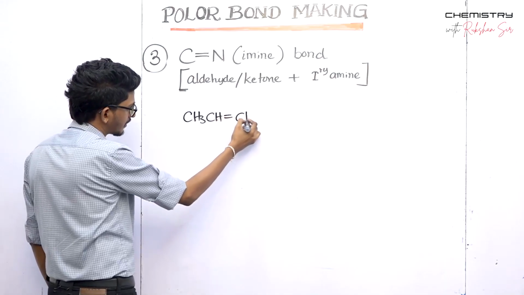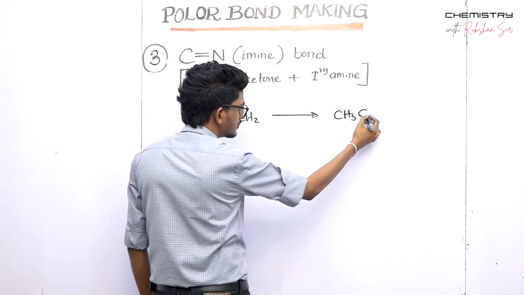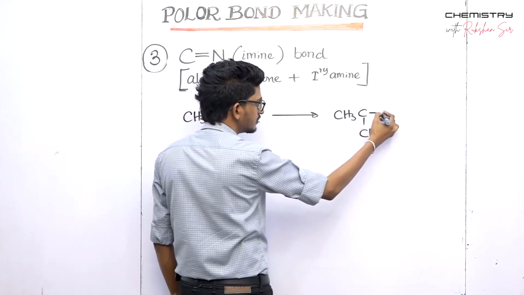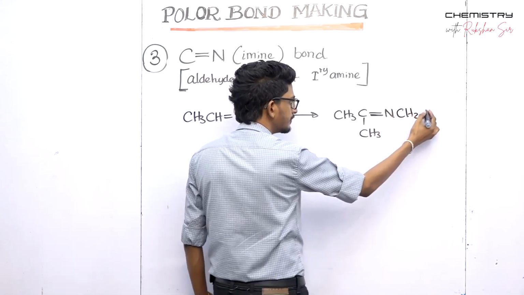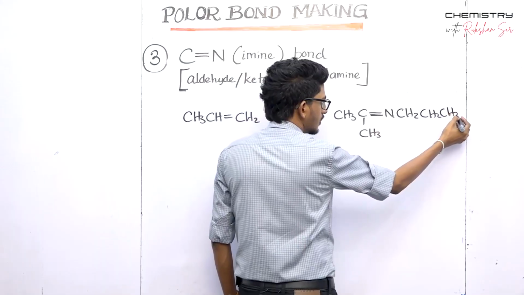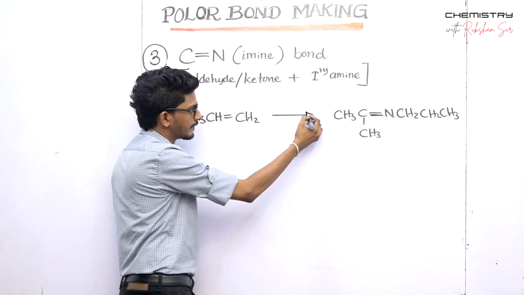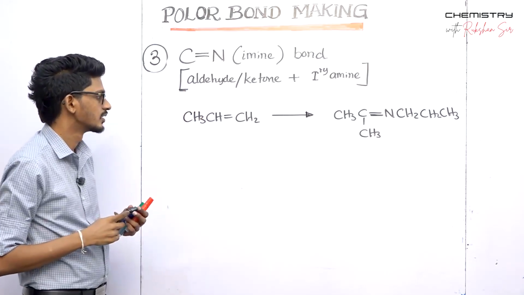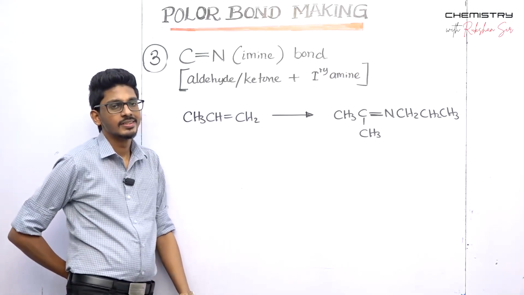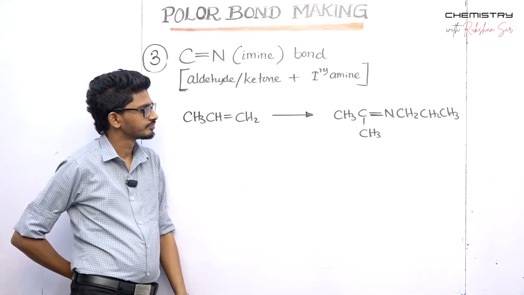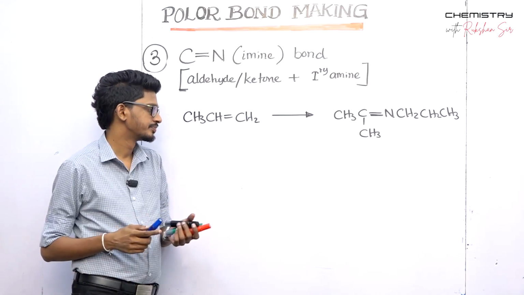Let's start with the same alkene. You're supposed to convert this starting compound to this one. Let's do this conversion. So what are we supposed to do?